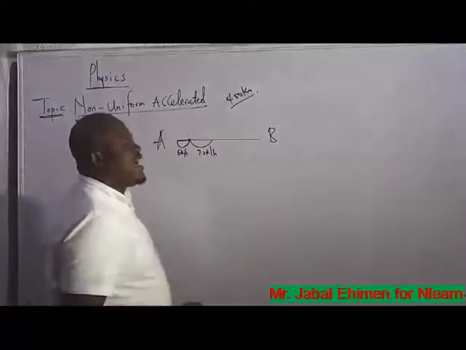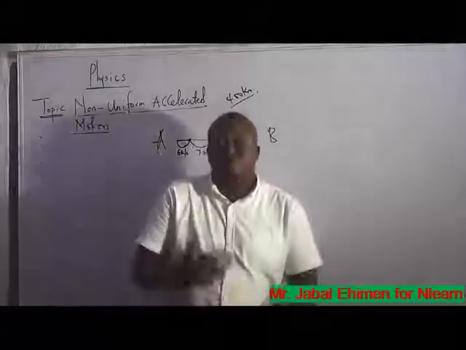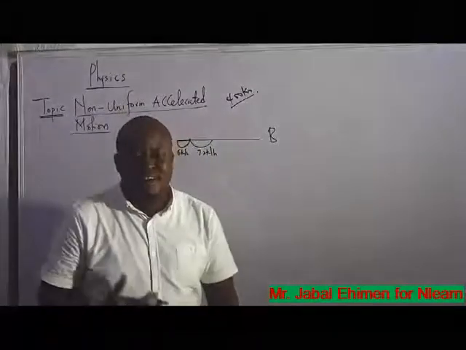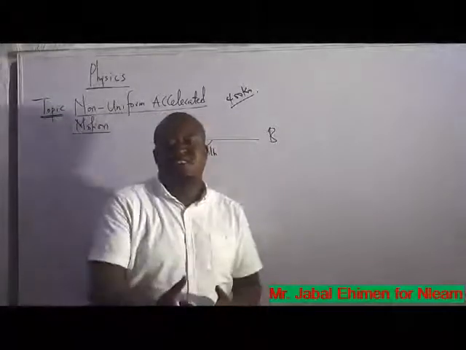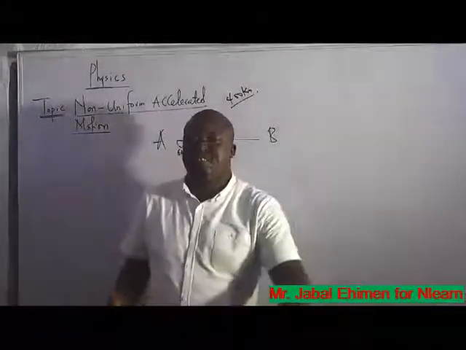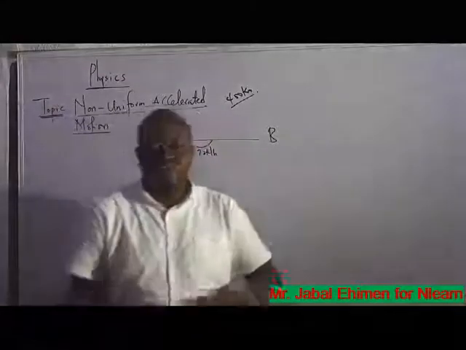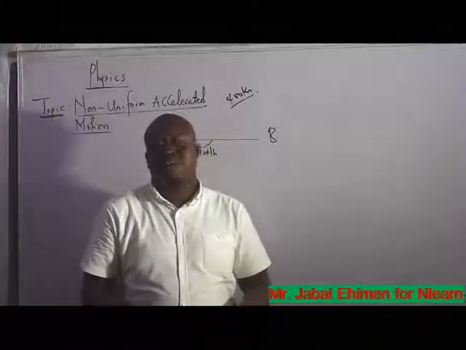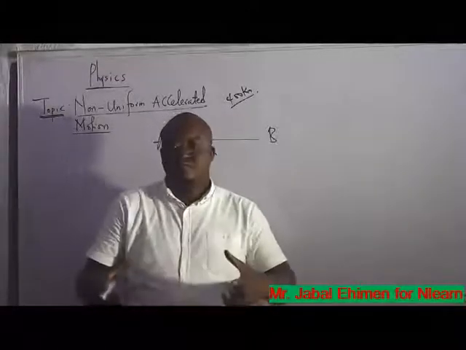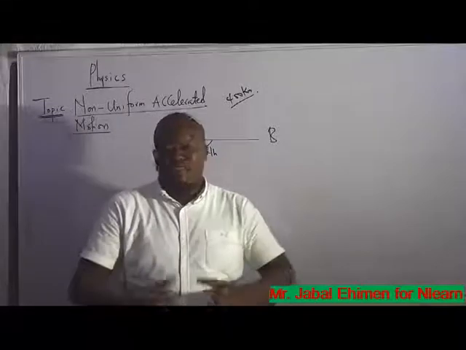At every instant of your motion, it is not constant. You may be fast here, you'll be slow, you're fast, you are slow. Sometimes you have to apply brakes, sometimes maybe there is traffic, and so on and so forth.